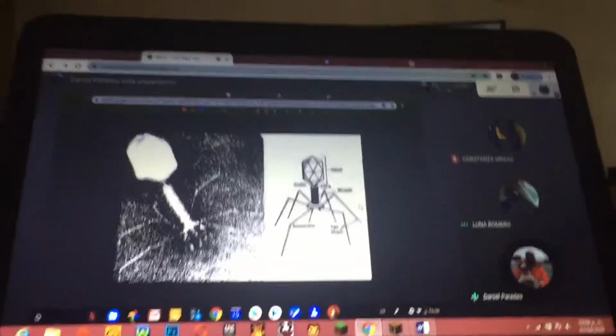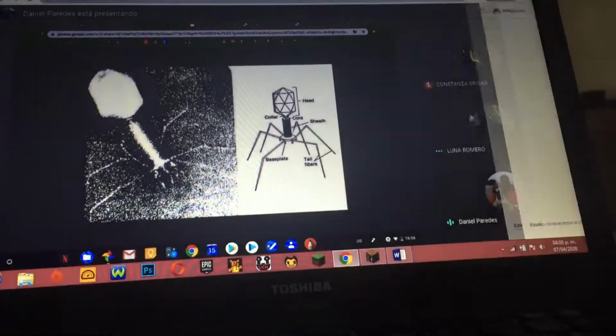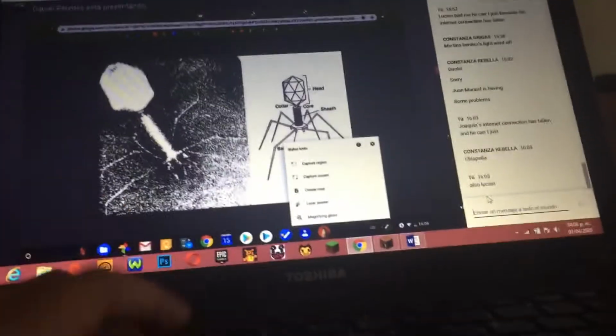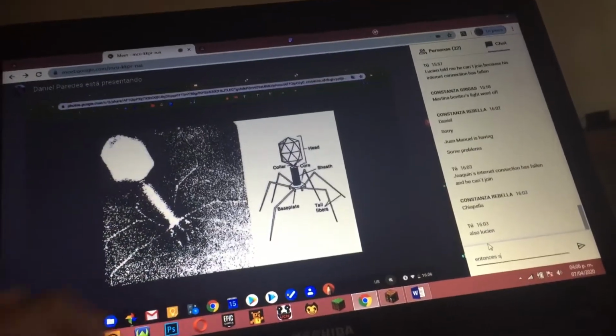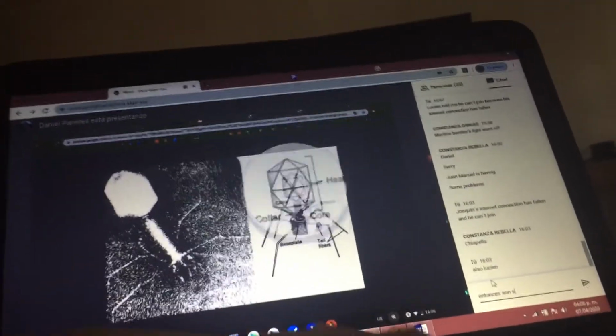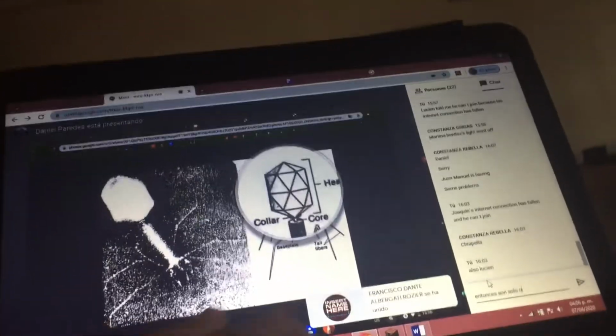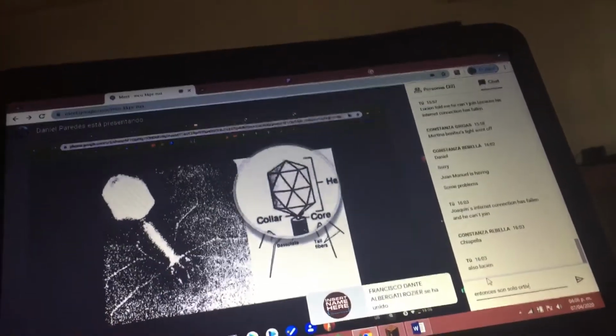They are not one of the kingdoms. They don't belong to any of the 5 kingdoms. This is an example of a virus, and as you can see very clearly, it looks more like a spaceship than anything else. And the DNA is contained right there, in that little box. That's where the DNA is contained, okay?